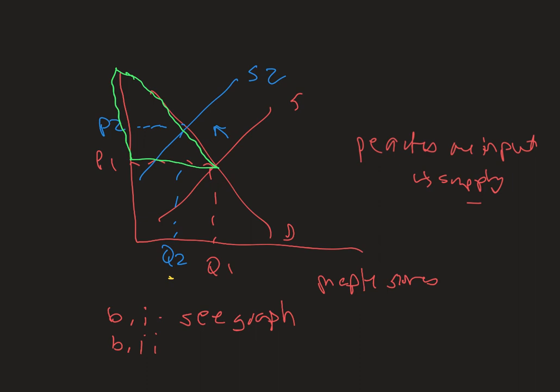So there is an allocatively efficient quantity that's now less than the older one. The change in consumer surplus can be graphed right here because the consumer surplus is now going to be smaller. All of this would be the new consumer surplus, this yellow right here. That was also part of the old consumer surplus. So the change in consumer surplus is right there. And that's it for part B.